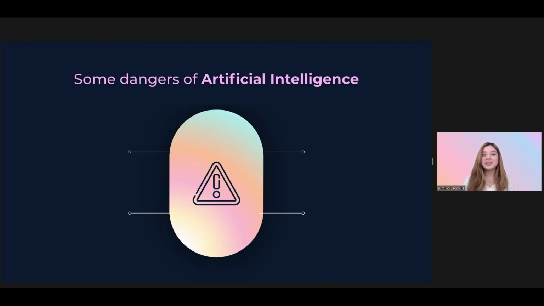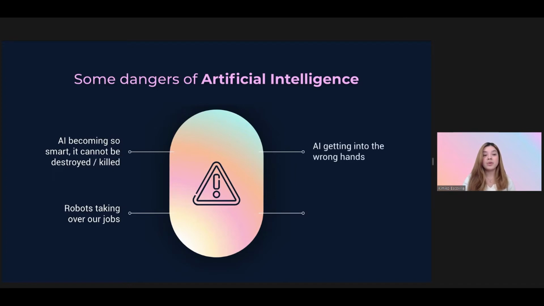So let's take a look at some examples of the dangers of AI. First, we have artificial intelligence becoming so smart that it cannot be destroyed or killed once it has been created. We also have robots taking over our jobs and increasing unemployment rates. We are currently seeing this happening right now in the present. We also have AI getting into the wrong hands.